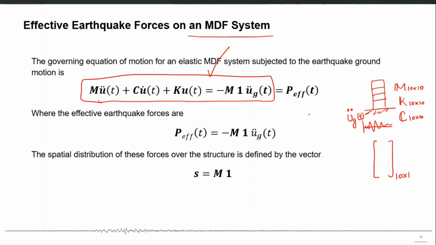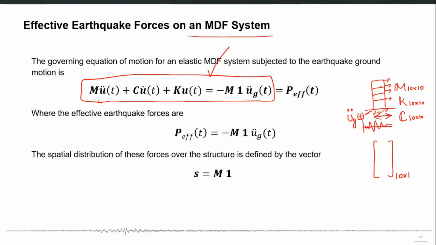Let's say that the earthquake is applied in the horizontal direction, and the first 5 degrees of freedom in this structure are in the horizontal direction, right? And then the next 5 are, let's say, in the vertical direction.